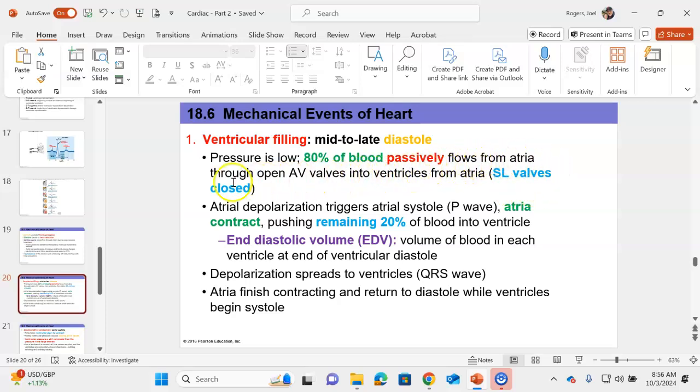So as they are filling up, okay, the atria depolarize. So the SA node fires, and that wave goes through the atria, and they depolarize. Okay, now remember, depolarization comes right before contraction. So the atria depolarize, and then look what happens.